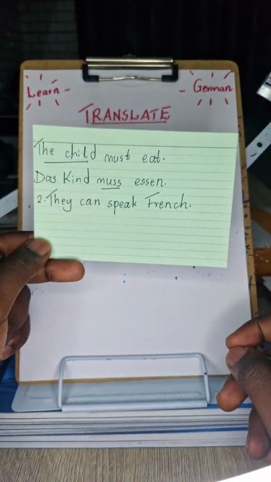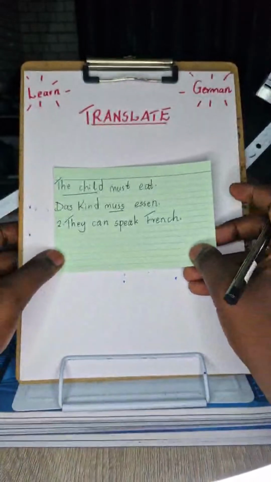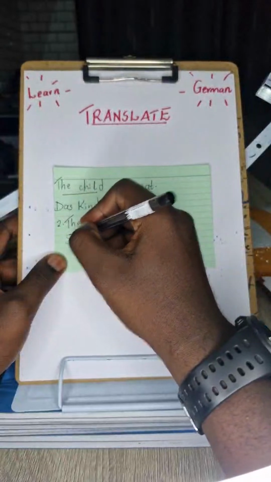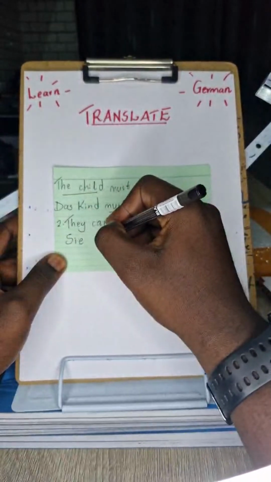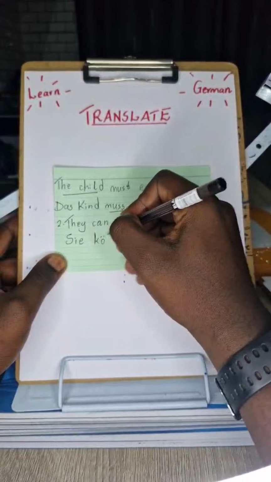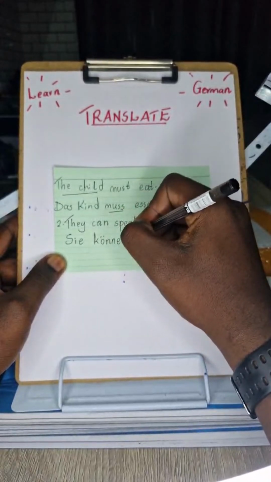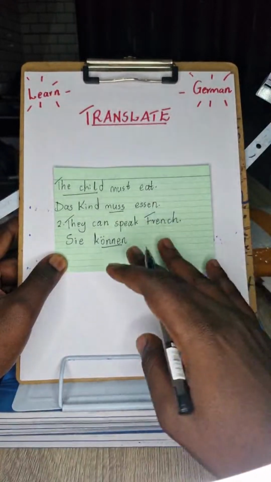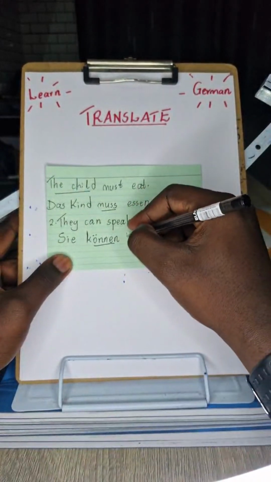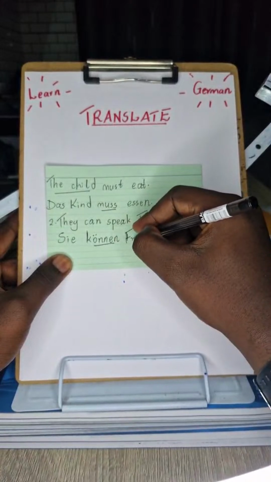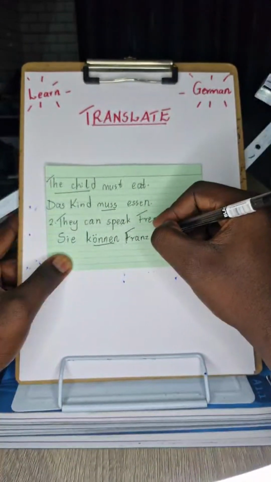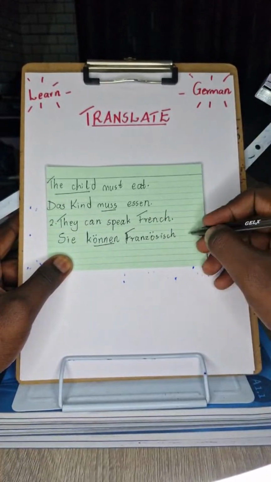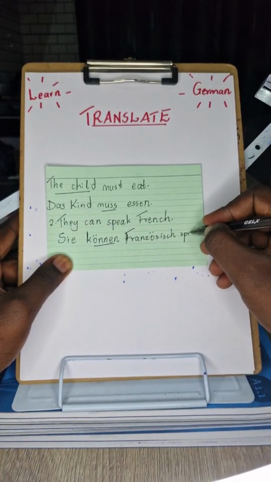How would you say it? Go ahead and try translating. They can speak French. This simply becomes sie können, and then French, which is Französisch, and then speak, which is sprechen.